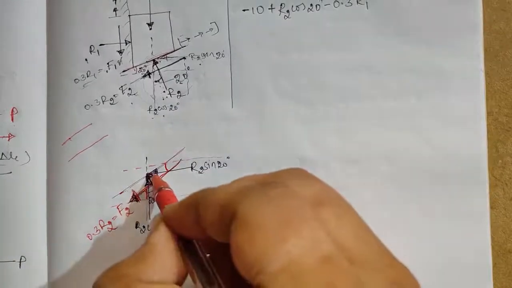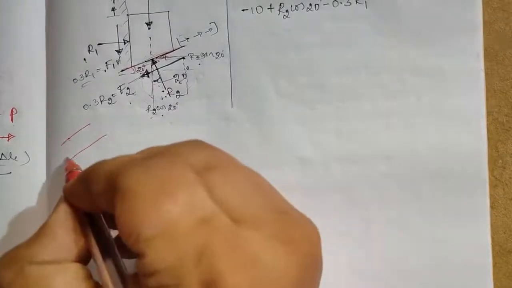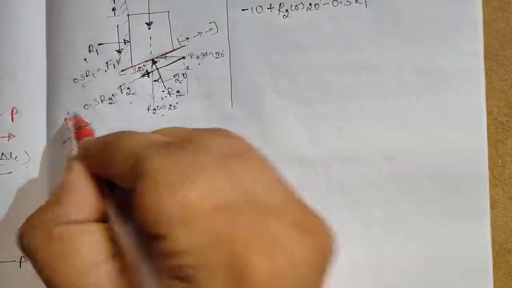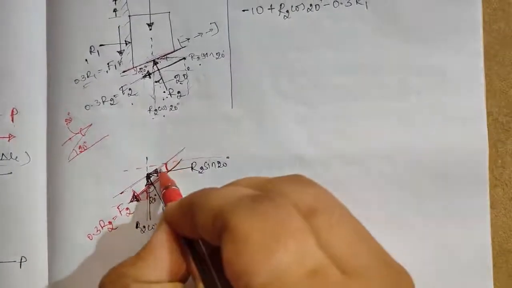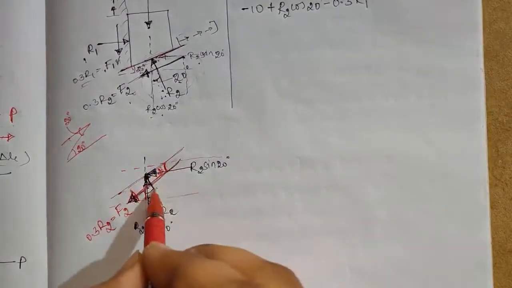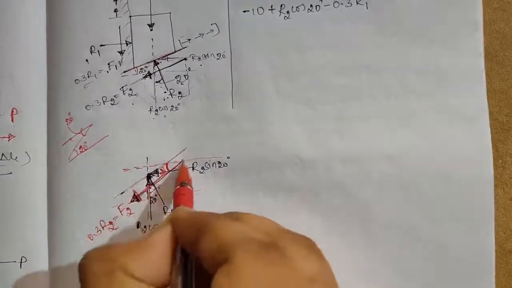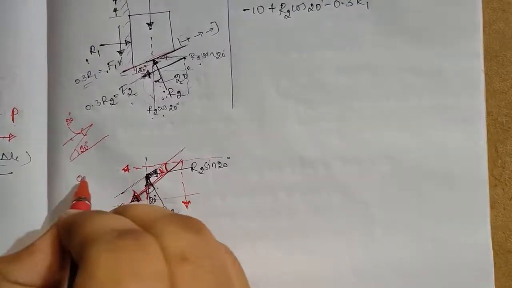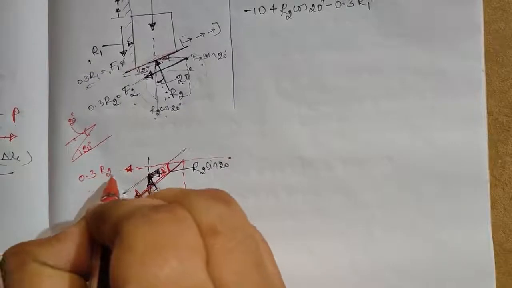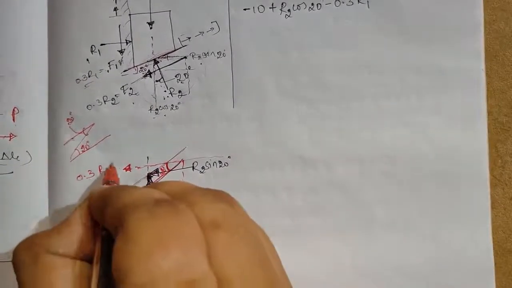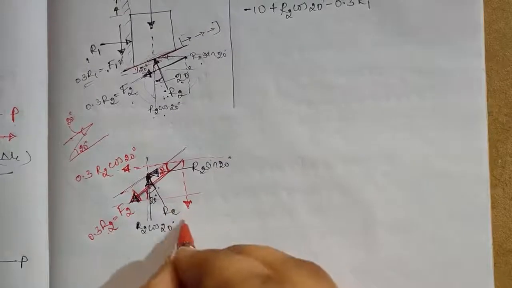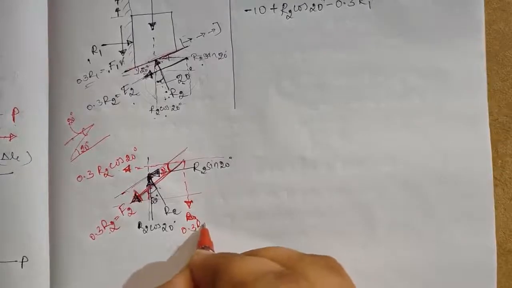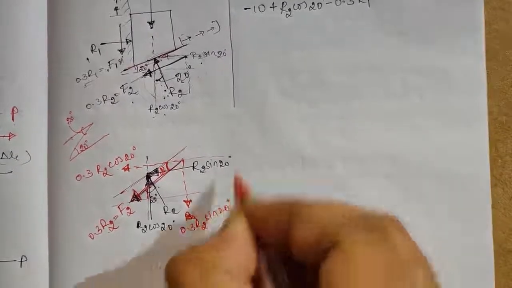So these are two parallel lines, this one and this one. So this is 20 degree, so this is also 20 degree. So when I resolve this into one horizontal and one vertical, what I get here is 0.3 R2 cos 20 degree, and this is 0.3 R2 sine 20 degree.